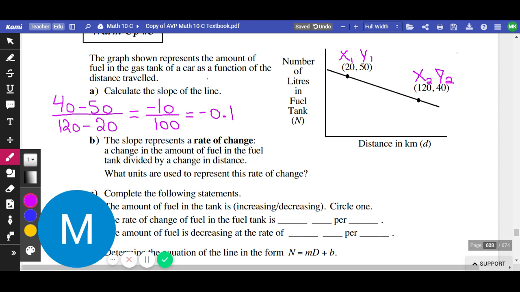If we wanted to put that slope into context now, right? So I've got a slope of negative 0.1. What does that represent? That represents the liters of fuel per kilometer.